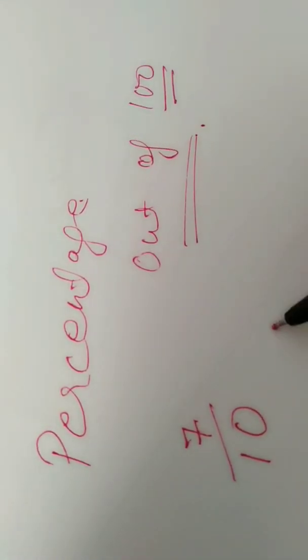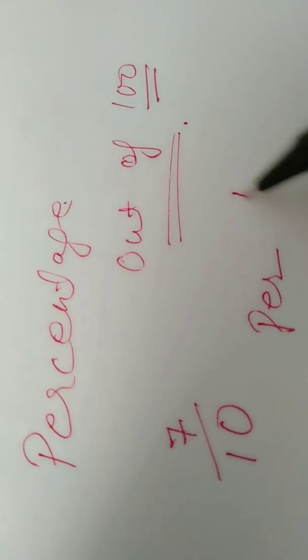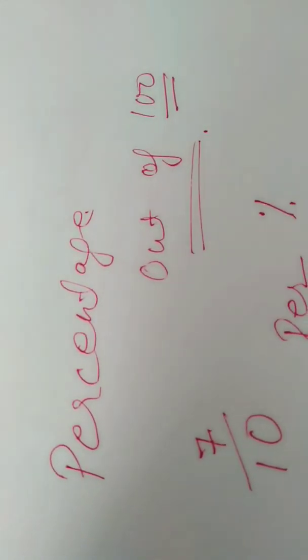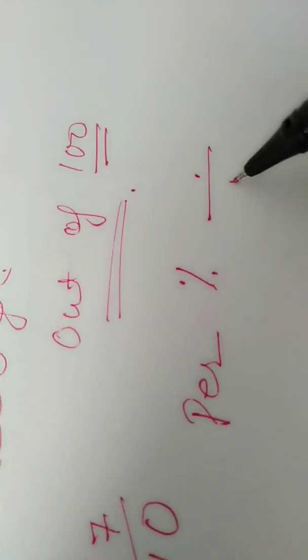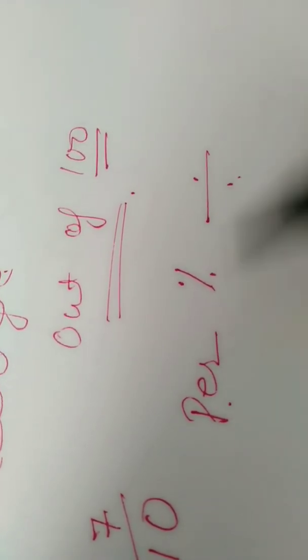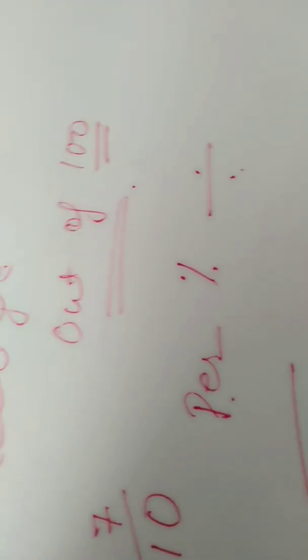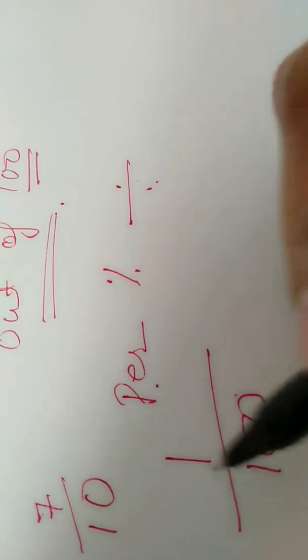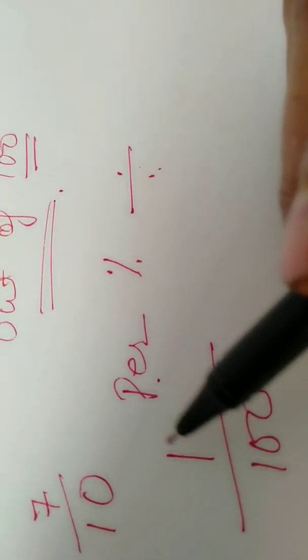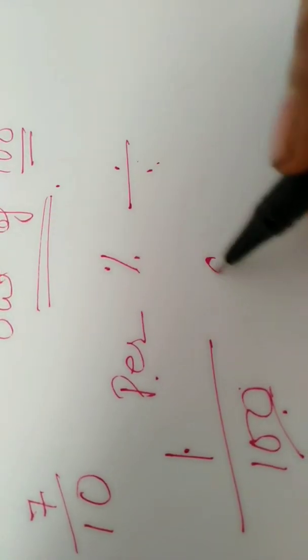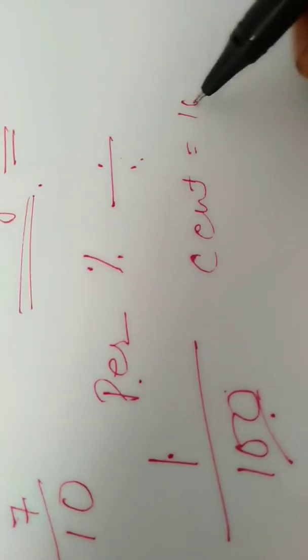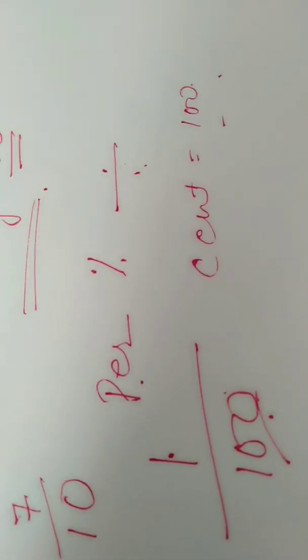Percent, per, this stands for the division sign, this per 100, out of 100, 1 upon 100, per cent, cent means 100, cent का meaning होता है 100.